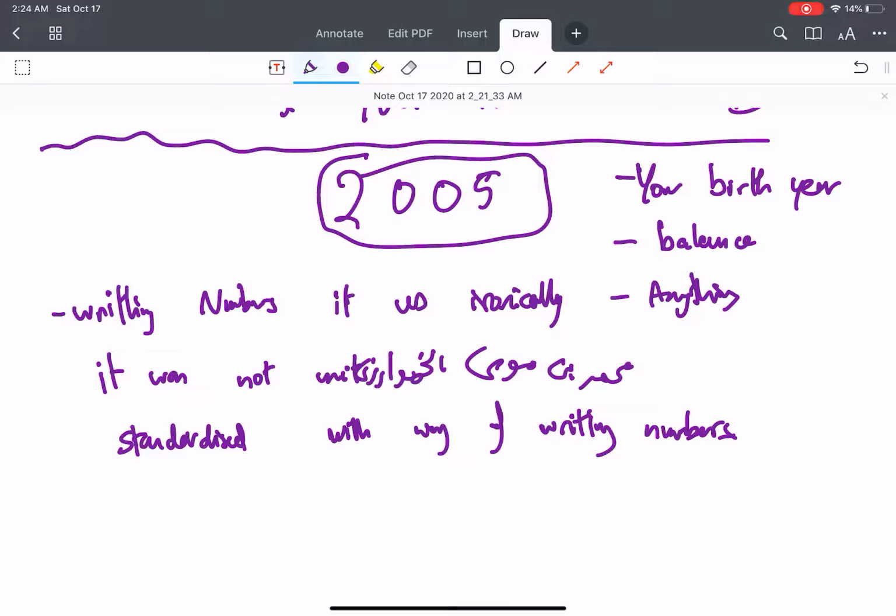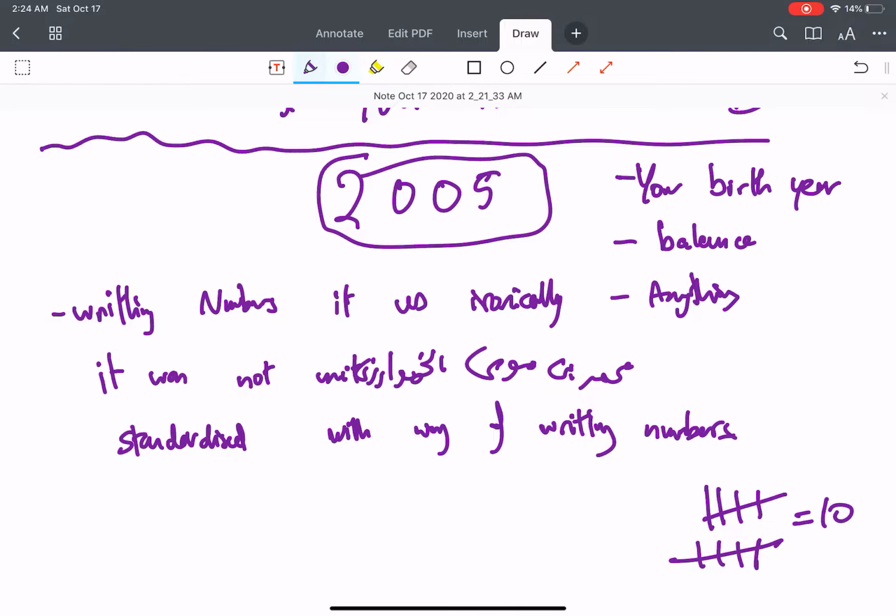Beforehand, in ancient times, when they wanted to count something, they used tallies: 1 2 3 4 5, then 1 2 3 4 5, and they would come and write 2 tallies, so it's like 10.